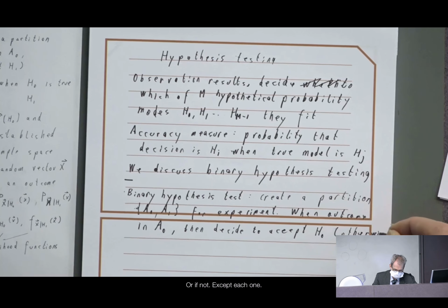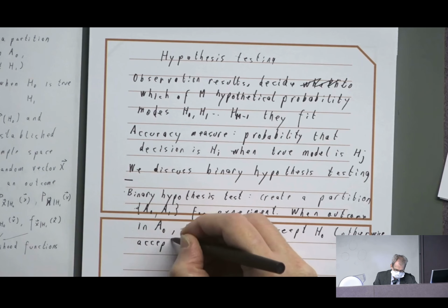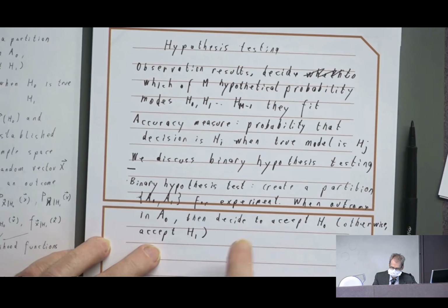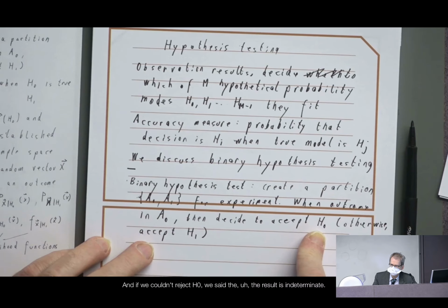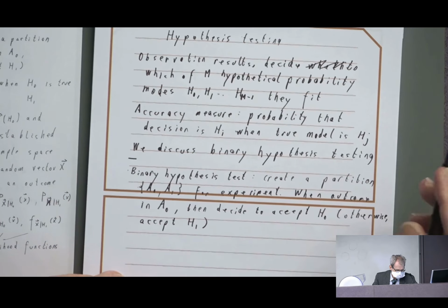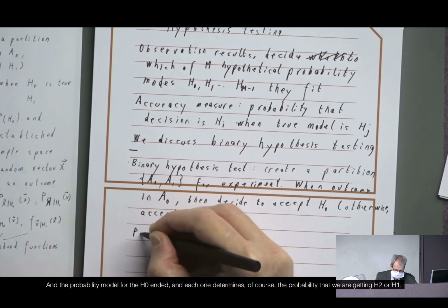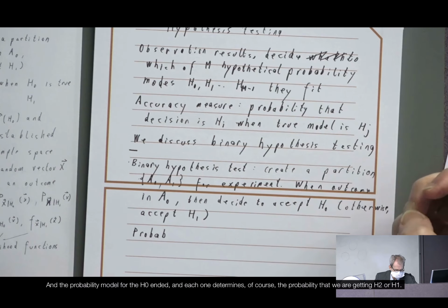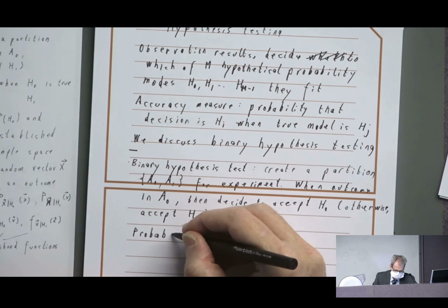Or if not, accept H1. So again, big difference from the significance test. If we couldn't reject H0, we said the result is indeterminate. Here we're saying, well, we either accept H0 or we accept H1. And the probability model for the H0 and H1 determines, of course, the probability that we are getting H0 or H1.